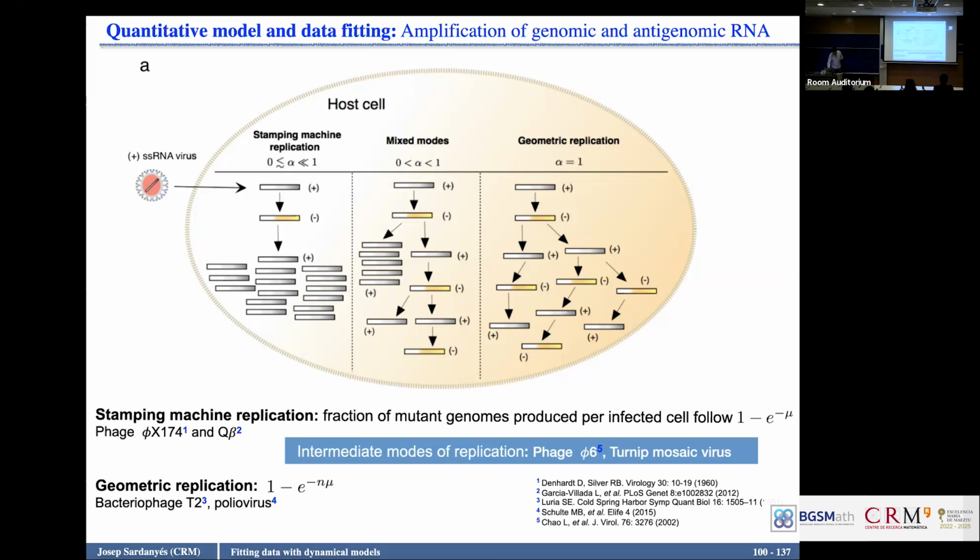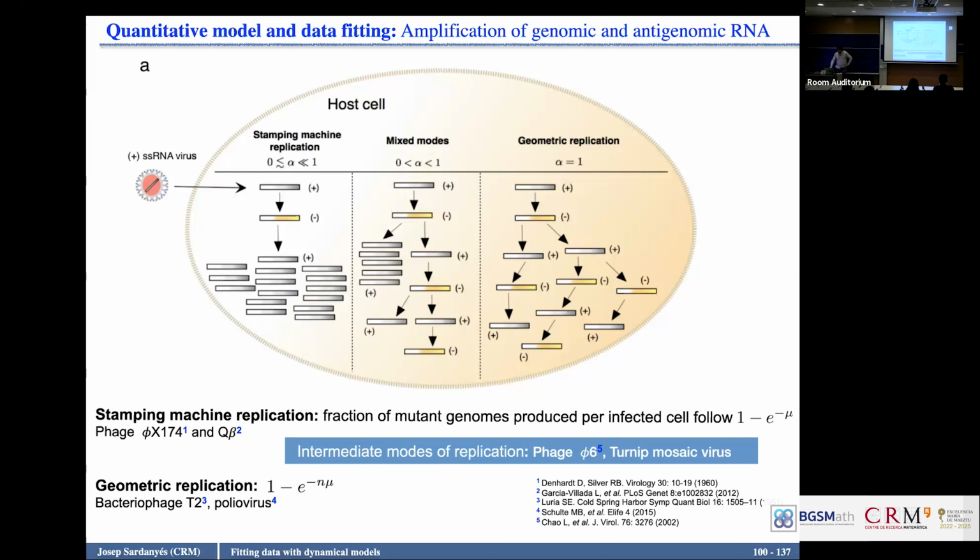Then, for bacteriophage 5, 6, and tobacco mosaic virus, that is the example I will explain to you, intermediate modes of replication were found. In the sense that you did not obtain a perfect Poisson, but a slight deviation from a Poisson.